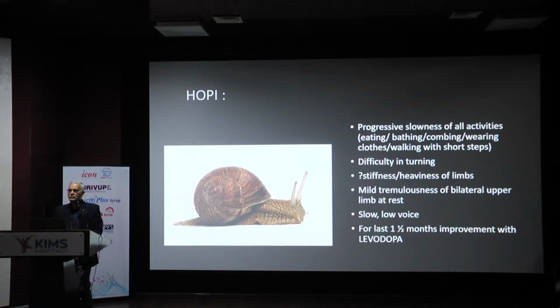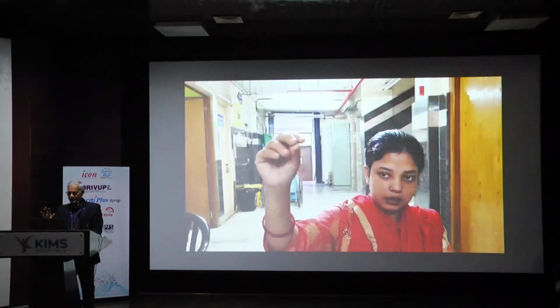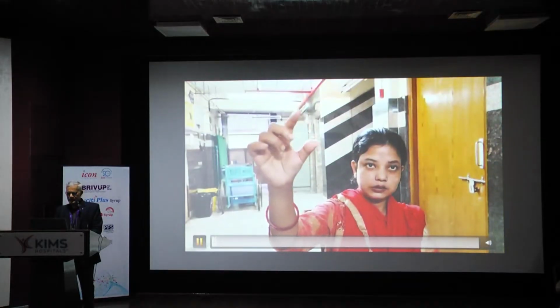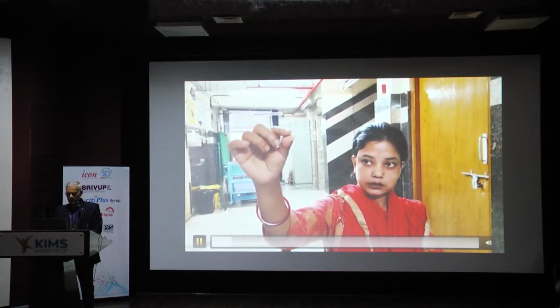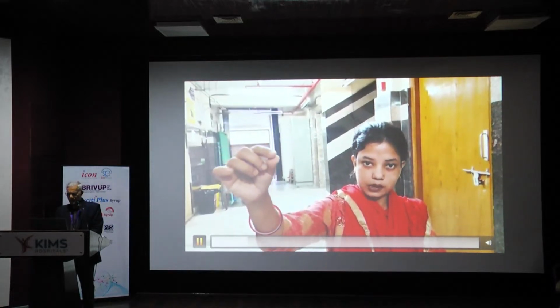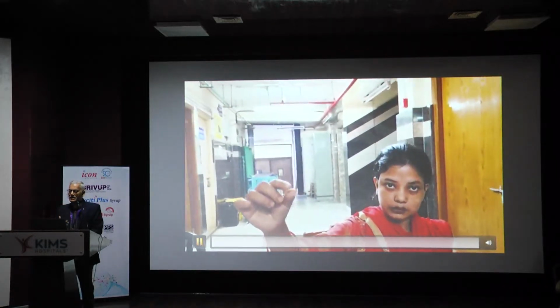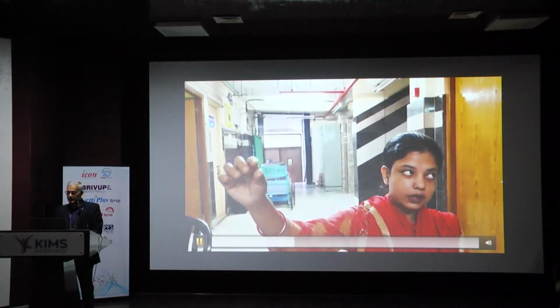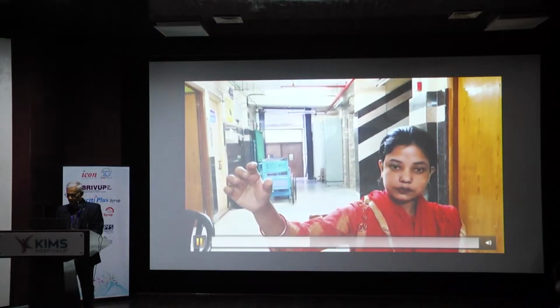So you have two aspects: the cognitive as well as the motor problem. But remember, she is 30 years old without any significant family history. If the video is working, you can see there was some bradykinesia, and also she has perioral dyskinetic movement.